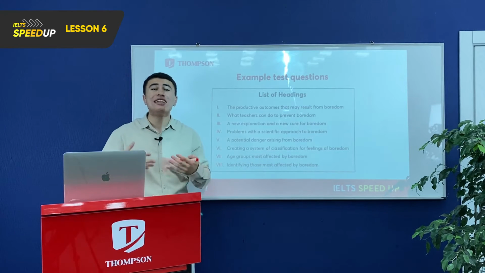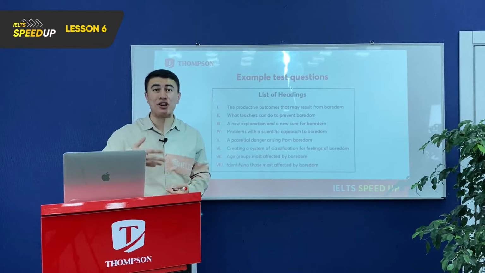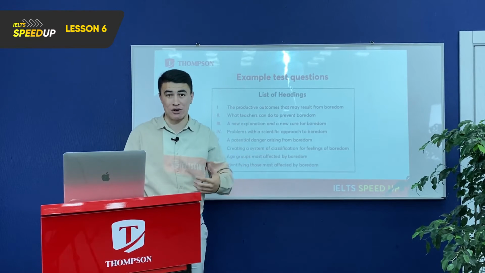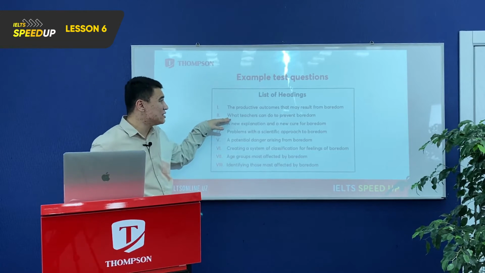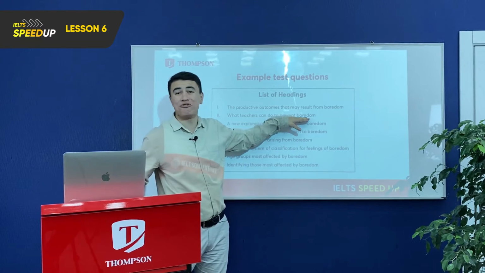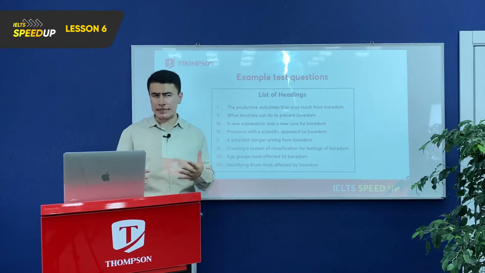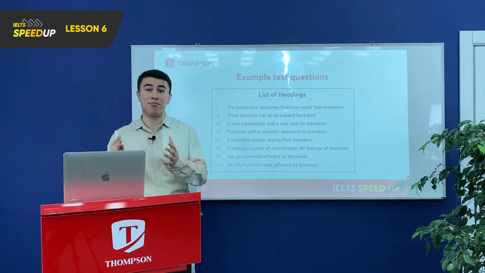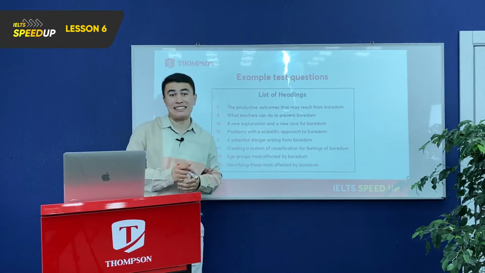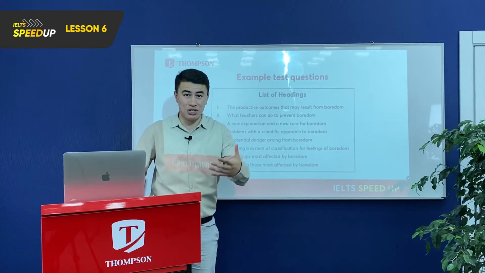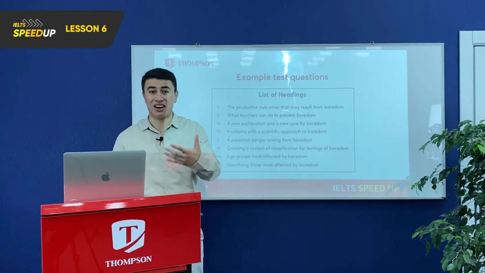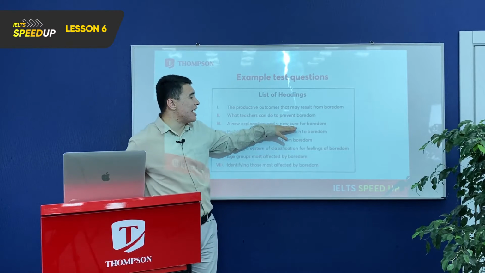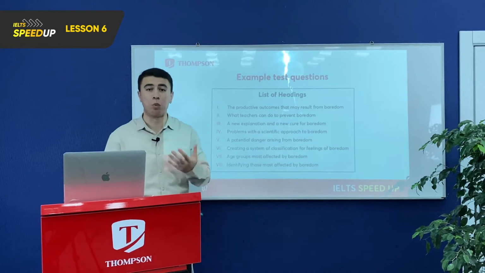How it can be beneficial or useful, or in other words, positive effects of boredom. Next, what teachers can do to prevent boredom. I think this one is quite straightforward and simple itself, but if you want to make it even simpler, this is what teachers can do so their students are not bored. And the third one, new explanation and a new cure for boredom.